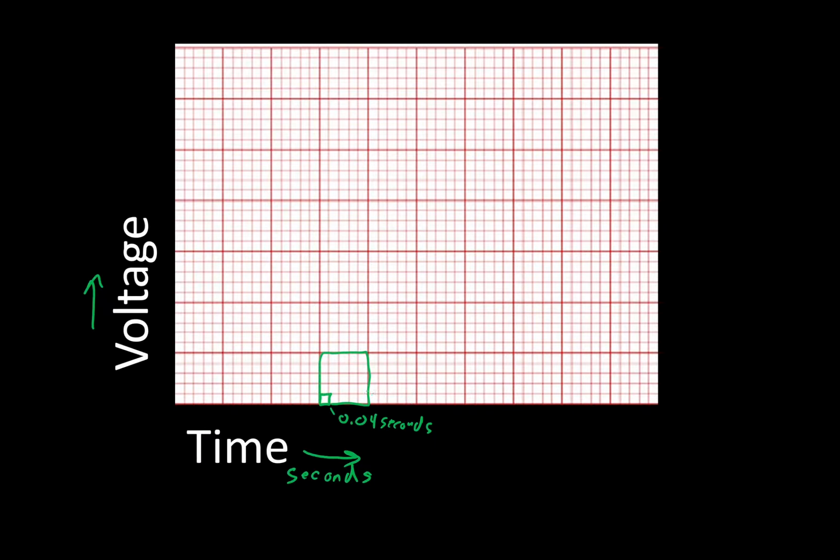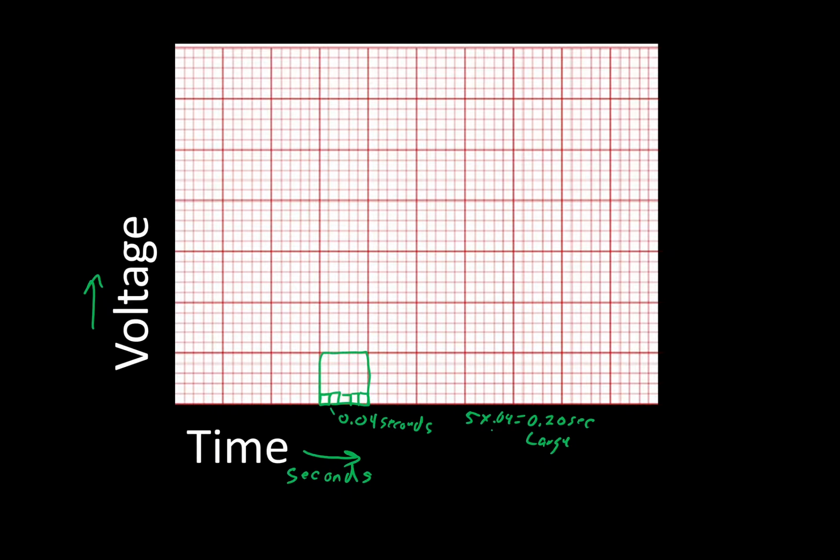Now you'll see each small box is contained in a larger cube. So in that larger cube you actually have 5 small boxes. So 5 times 0.04 equals 0.20 seconds, so that each large box is worth 0.2 seconds.